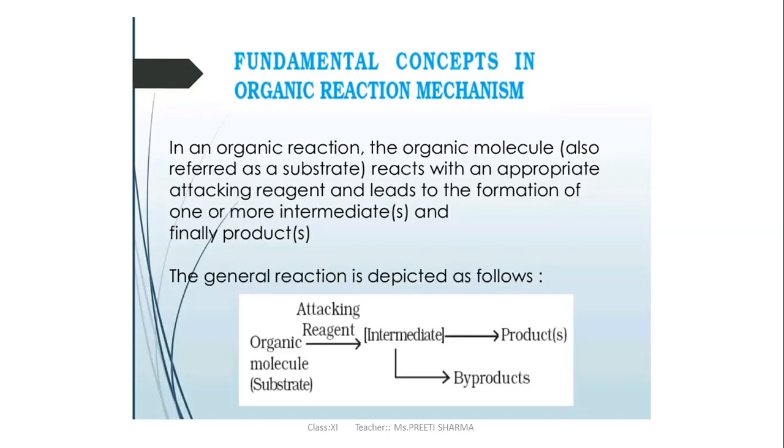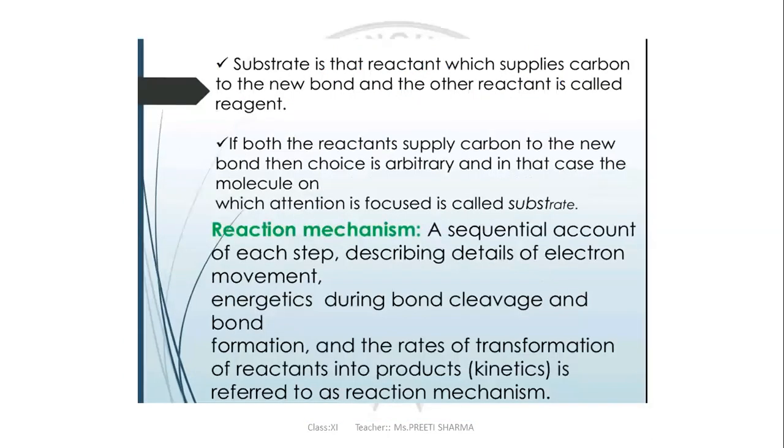This is just a flow chart showing you how reactants react to form the products. And between that, a byproduct is formed, a short-lived species, which is known as intermediate, and it is formed when a reagent attacks the substrate molecule. So the substrate is that reactant which supplies the carbon to the new bond, and the other reactant is known as the reagent.